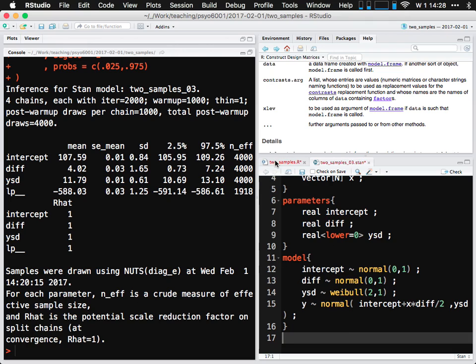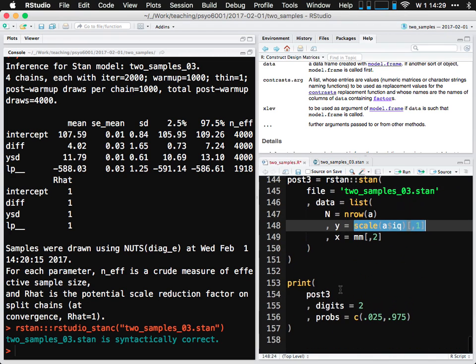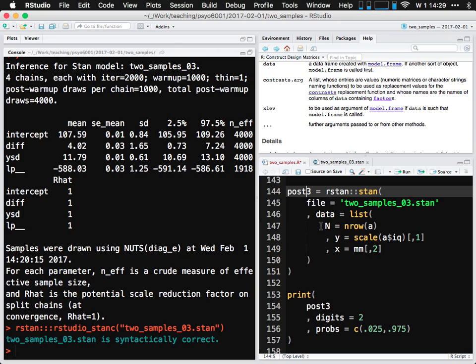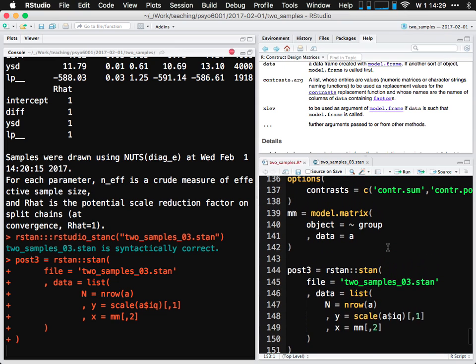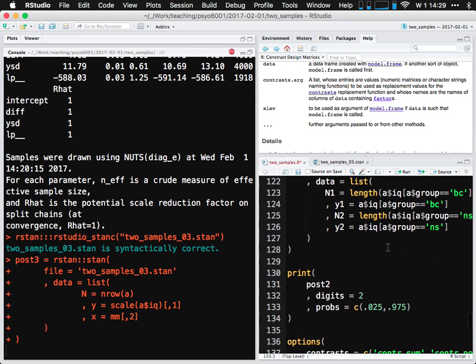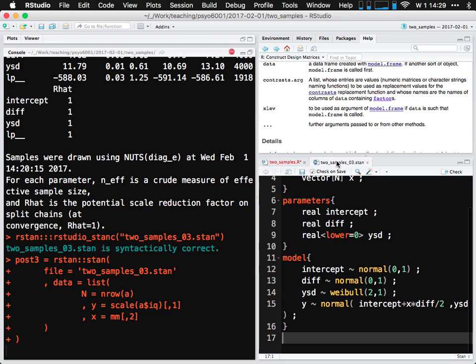But yeah. So if I save, check on save. Yeah, syntactically correct. Go way down to the bottom and sample post 3. Well, that's running. Previously, X was IQ $group. Or sorry, previously we actually just, nothing's changed about X. We just modified what the priors were.